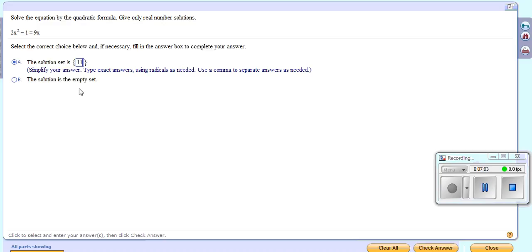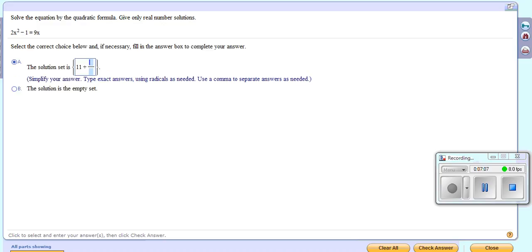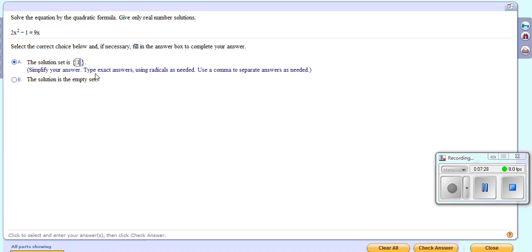So I type 11, and then I would type in plus. Then I would hit my fraction button, so I get a fraction. I'm over on the left, and I apologize, I didn't put my recording over far enough. Then I would hit the square root button, and in this particular problem the answer is 89. Oh, nope, I did it wrong.